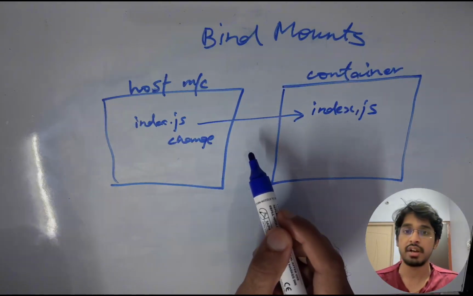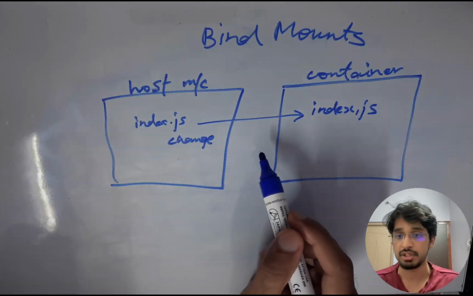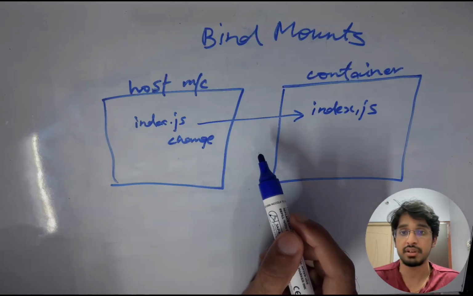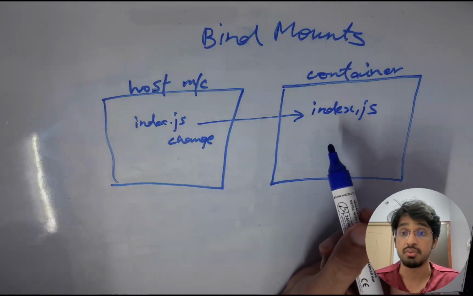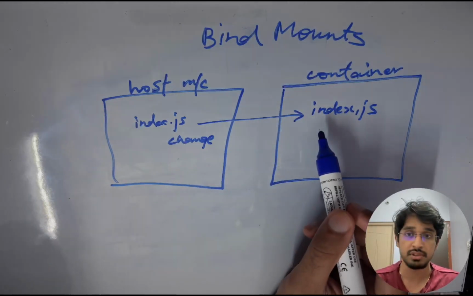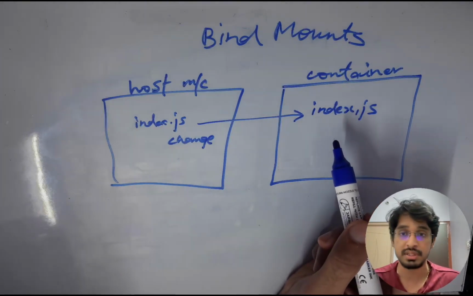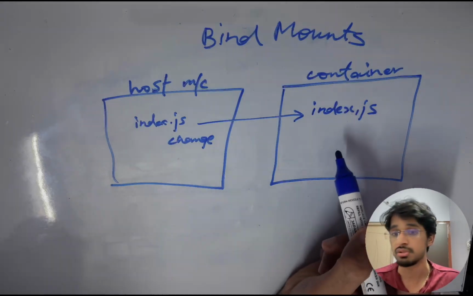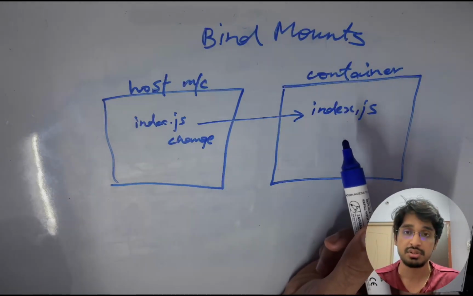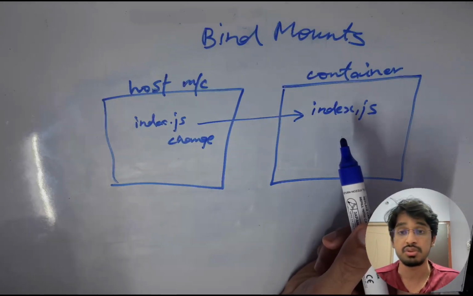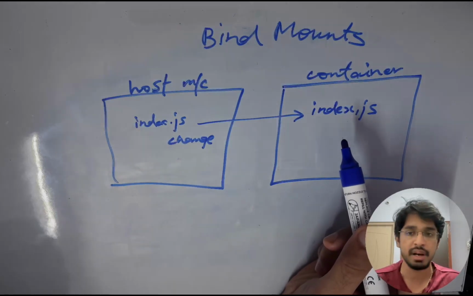Anytime I make a change, I don't have to rebuild the image. What we actually need to do is run this in watch mode, so anytime a change happens within index.js, it should restart. Basically nodemon, the same concept, right? Without that we would need to stop the container and then restart it. So that's a problem. We can just use nodemon instead, and we will also be practically using it.